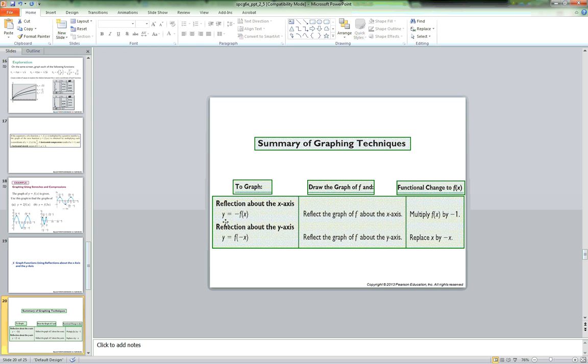So we've got y equals, take our function and multiply everything by a negative. We'll reflect it about the x-axis. If we take our function and replace x with negative x, it'll reflect your graph about the y-axis.